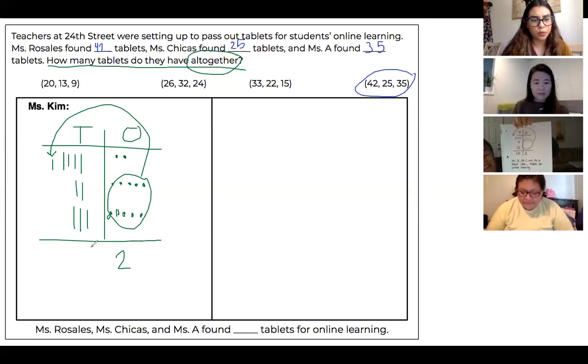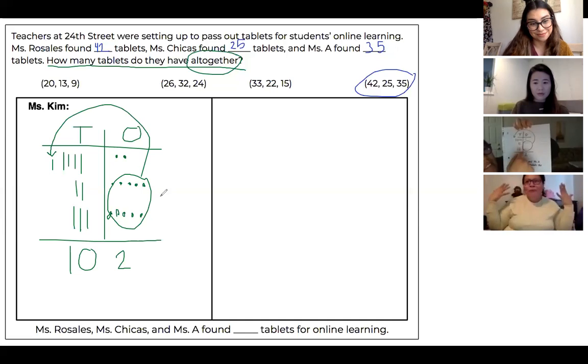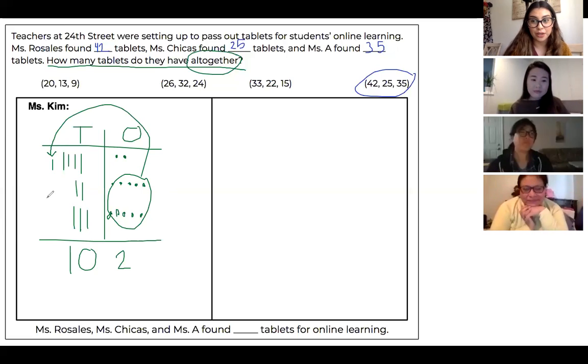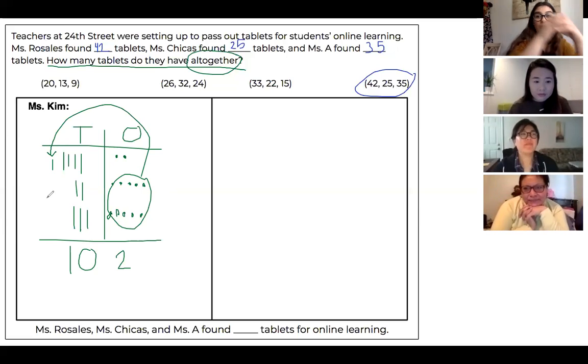So why didn't you just put 1? Why did you put 10 right here? Because if it's more than 9, then the 1 belongs in the hundreds. Wow. Beautiful. So that we can actually make hundreds, right? So my second graders, you guys know how to do that, making tens into hundreds.